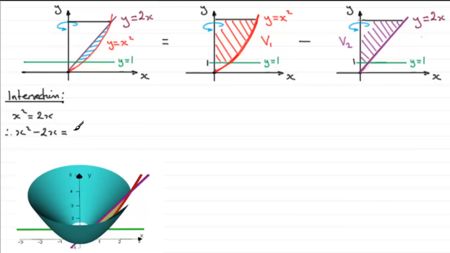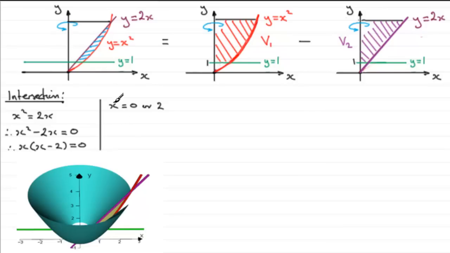And so we get x squared minus 2x equals 0. Factorize this, and we therefore have x as a common factor, and then x minus 2 in brackets, and it equals 0. So that would mean that either x would equal 0 or it would equal 2. When x minus 2 equals 0, x would equal 2.